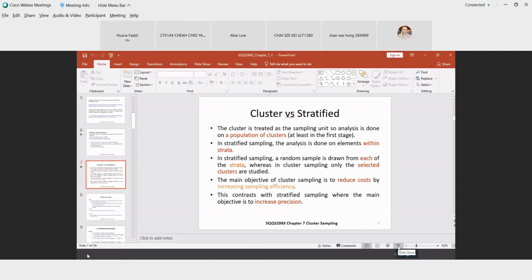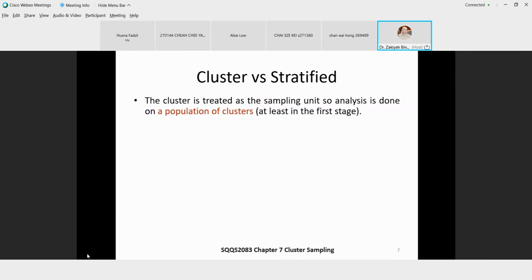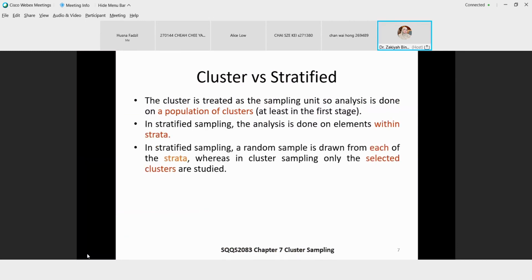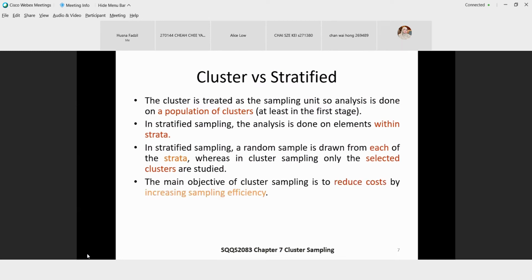Is it now clear to all of you the differences between cluster and stratified sampling? The conditions, the scenarios, they're very different.